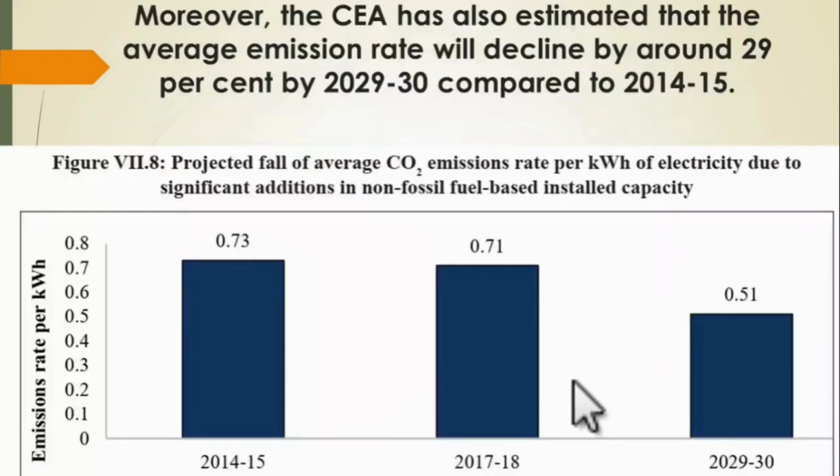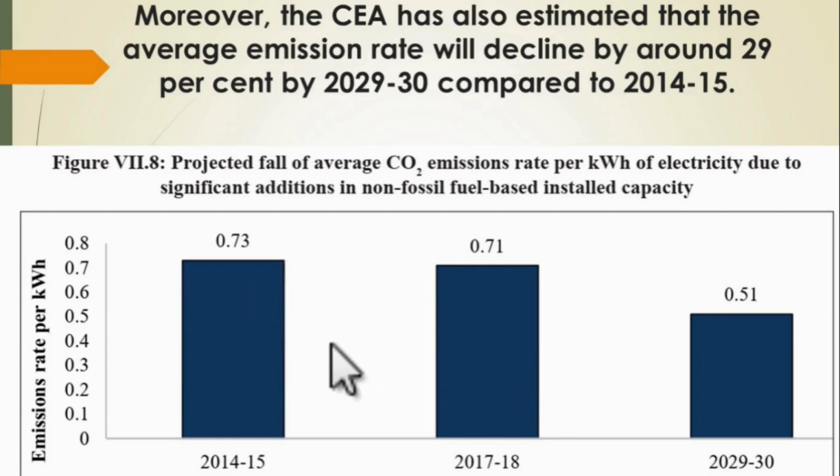So here the Central Electricity Authority has also estimated that the average emission rate will decline. When we produce electricity, we also emit greenhouse gases. So the Central Electricity Authority is saying that the average greenhouse gas emission rate will come down by 29% by 2030 compared to 2014.